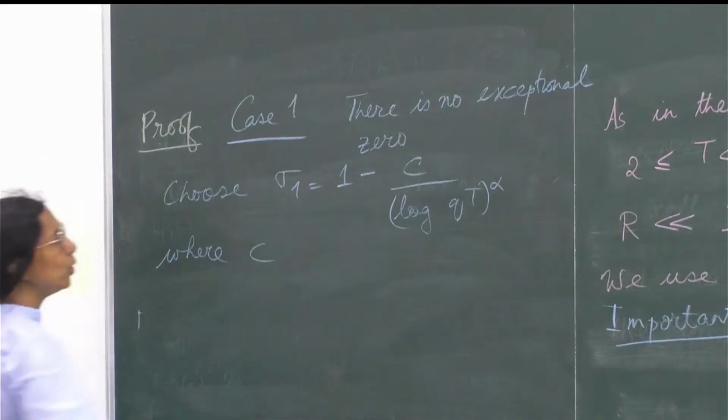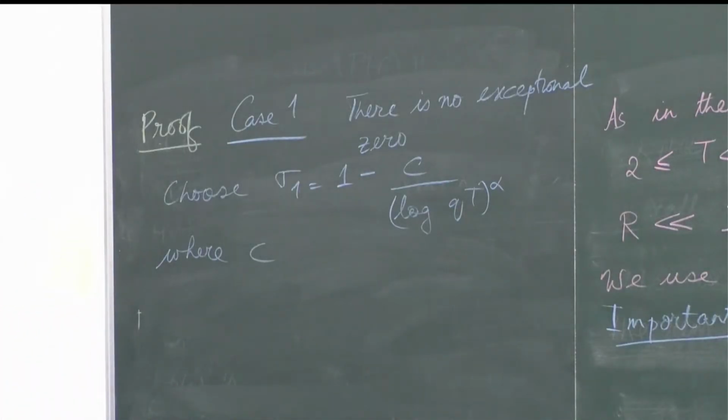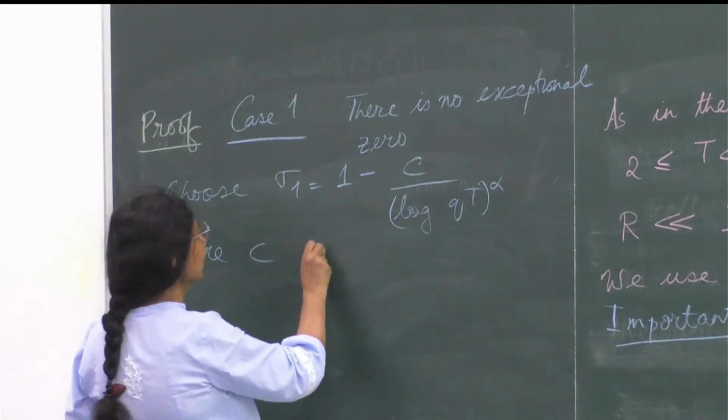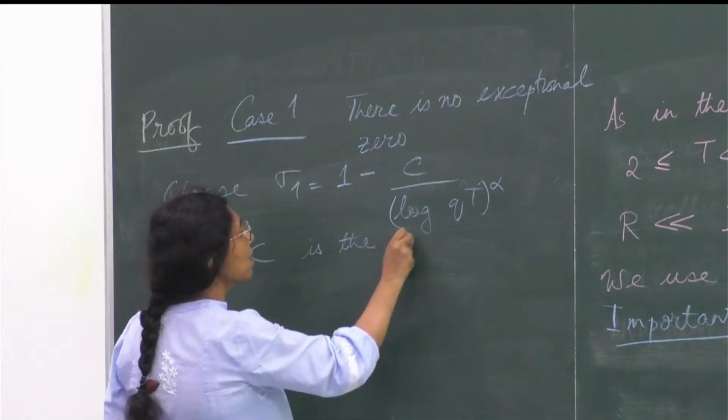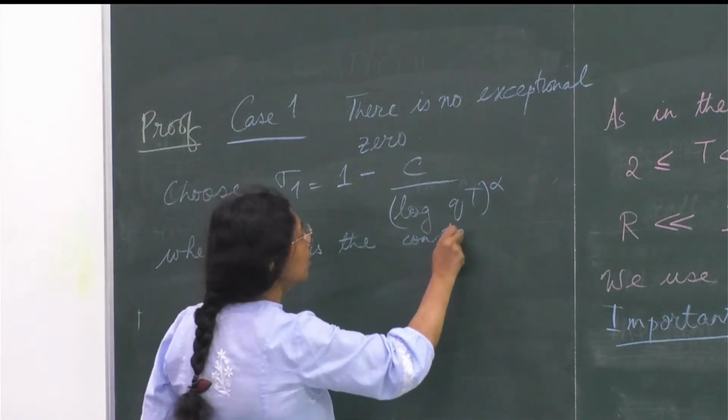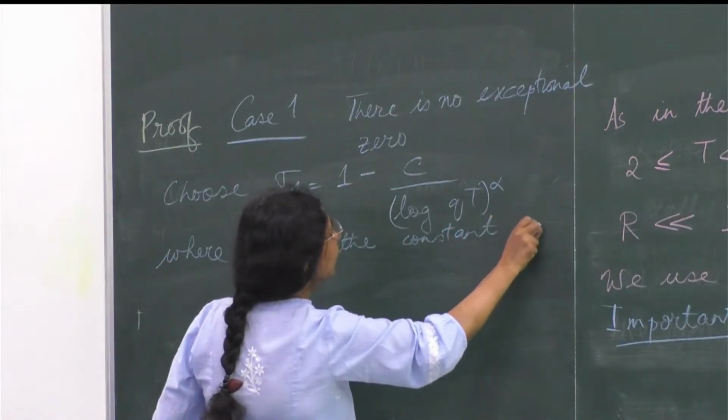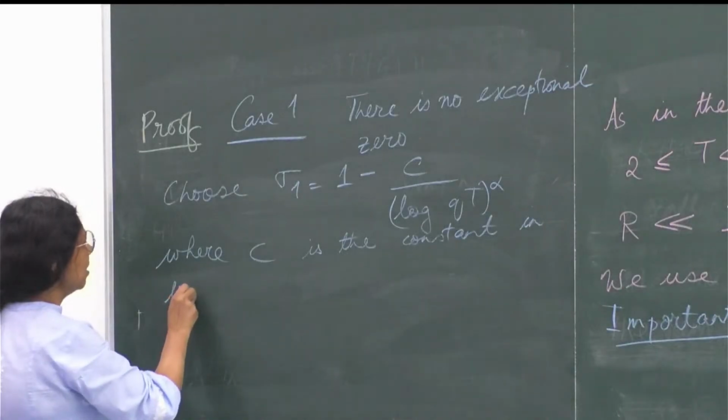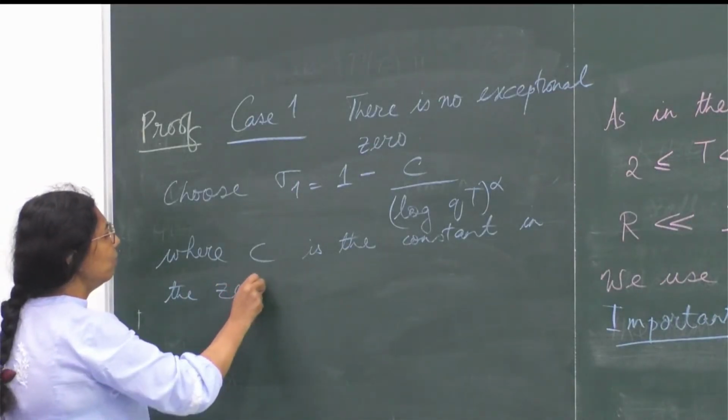Does this speak to you? This kind of a result, 1 minus C upon something? This is the zero free region, yeah? C is the constant in the zero free region. So what is the zero free region?